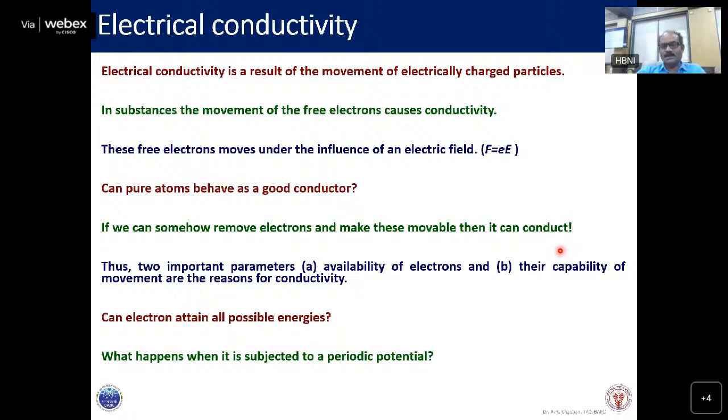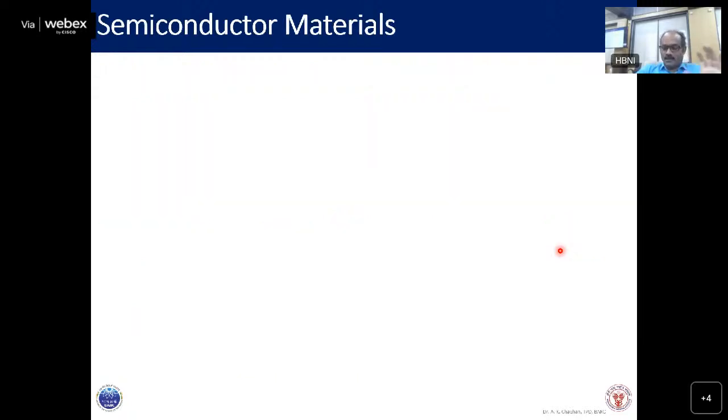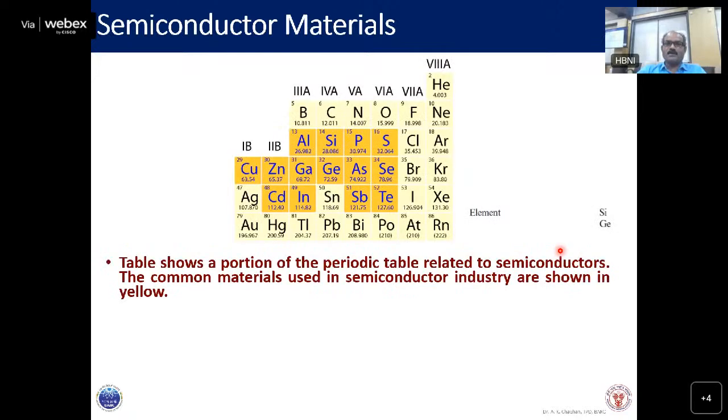So in that case, it cannot have all the energy levels. In a periodic potential, an electron will have certain discrete energy levels, and it can have only those levels. It cannot have all the levels.